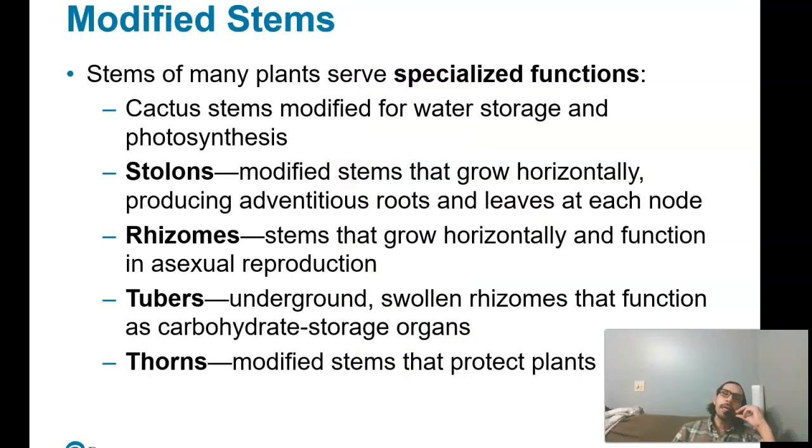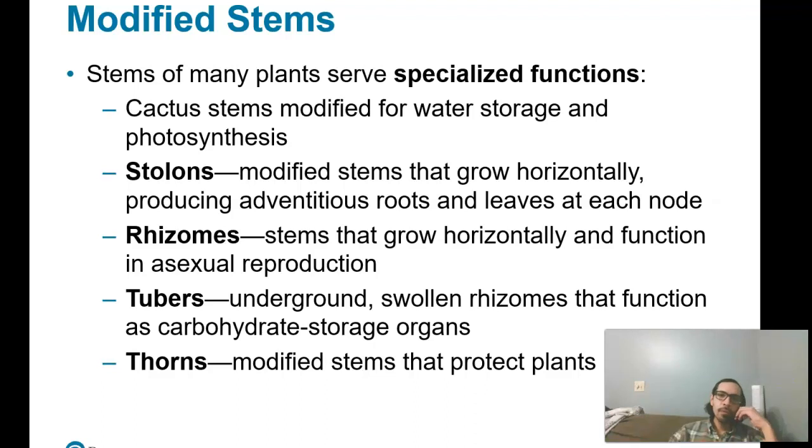So stems of many plants serve specialized functions. For example, the cactus stems are modified for storing water and for photosynthesis. The stolons are modified stems that grow horizontally and they produce adventitious roots and leaves at each node.